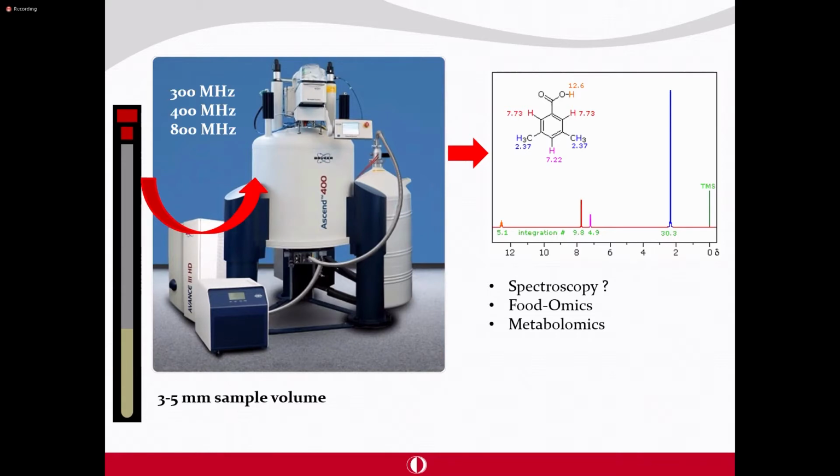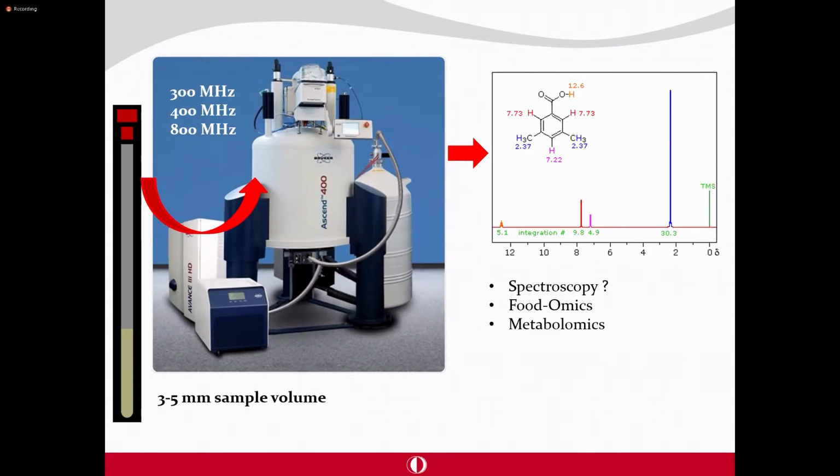Usually we have a tiny tube with a sample volume of 3 to 5 millimeters, and you put it into this instrument. When the frequency is that high, these systems also have a quite homogeneous magnetic field, which lets us obtain a very nice NMR spectrum.